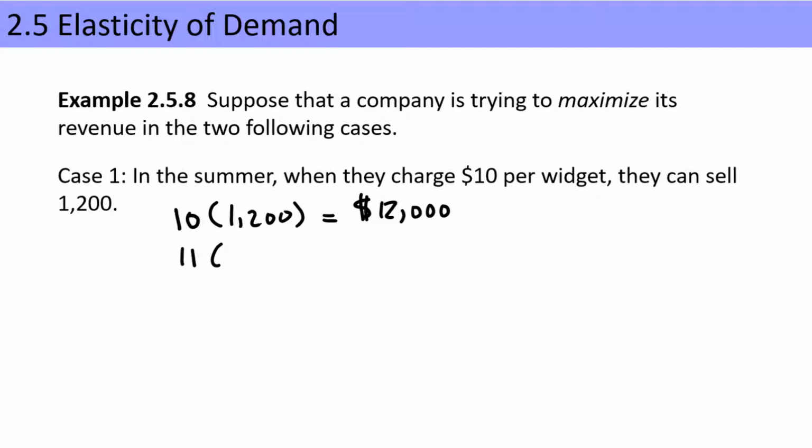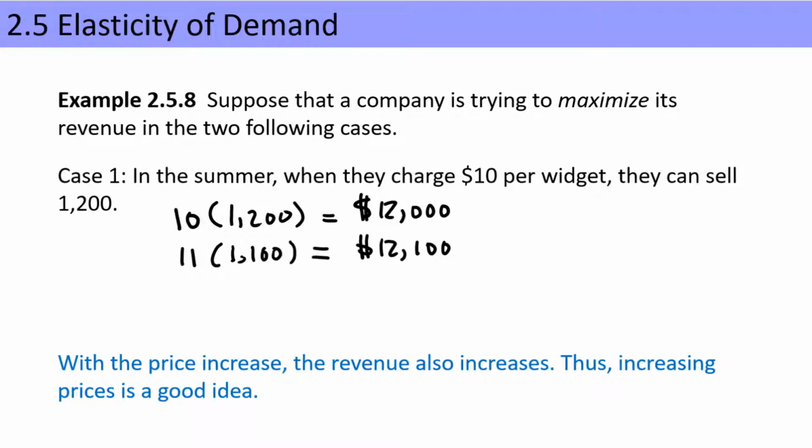However, you lose 100 sales, so it'll be 1,100 that are sold. The product of 11 and 1,100 is 12,100. That is more revenue. With the price increase, the revenue also increases. Thus, increasing prices at this point is a good idea.